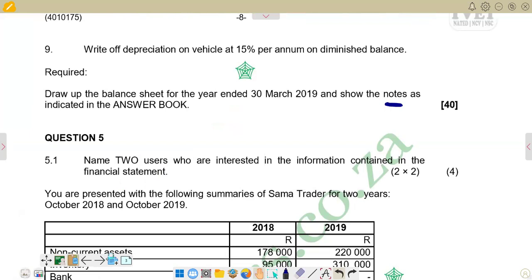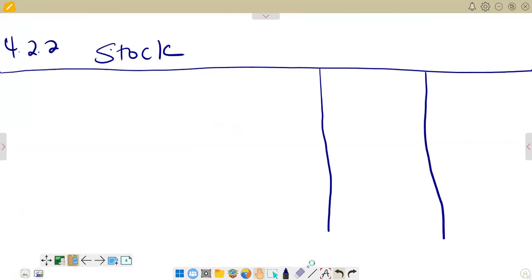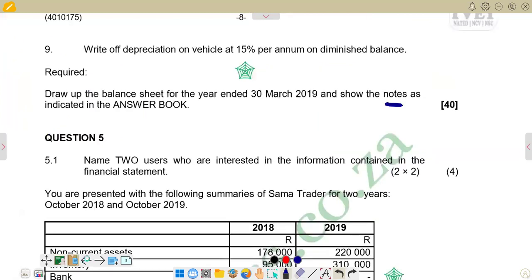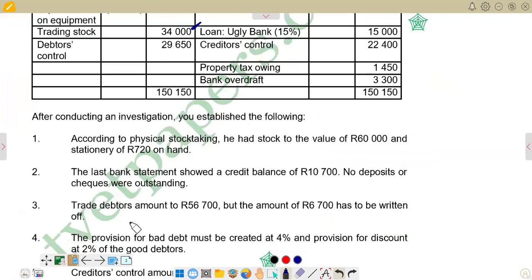If we come to our answer section, we are going to put down those figures to calculate the final figure for stock. We are going to put the total in this column, and then add the figure for trading stock. Let's go back to see the actual figure. After a physical stock taking, the value was 60,000, and we got 720 for stationery.